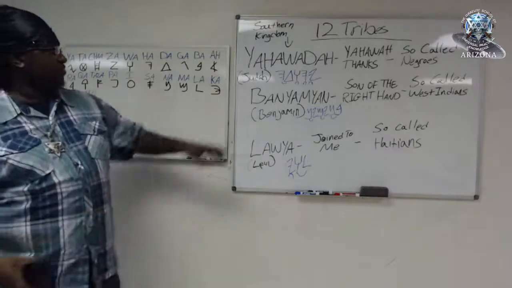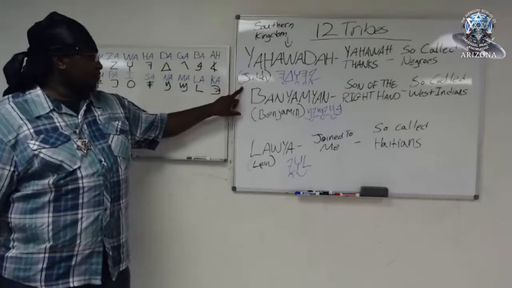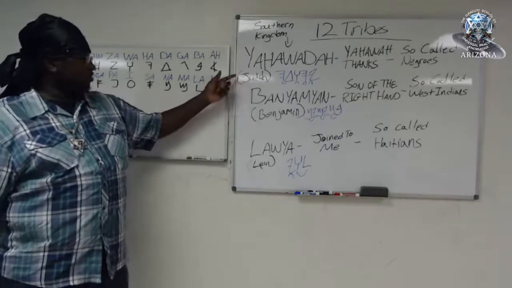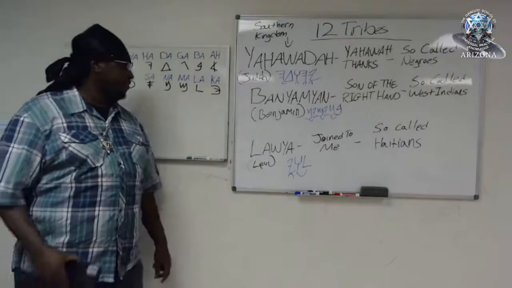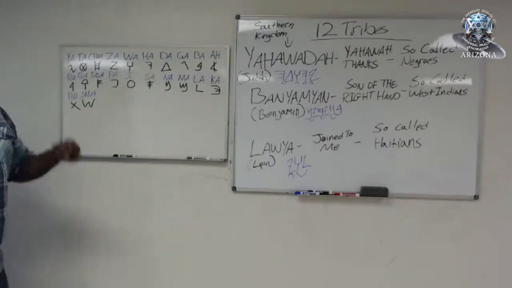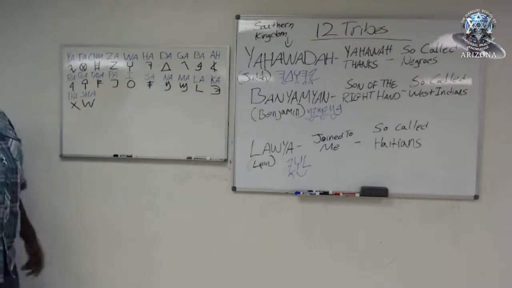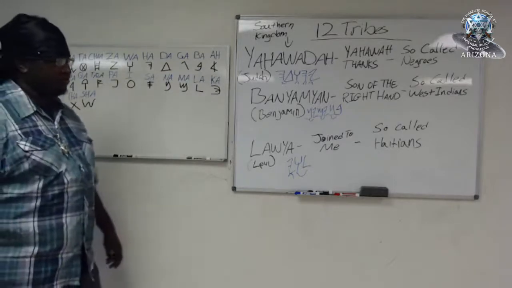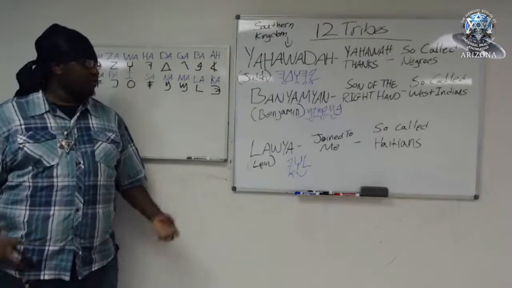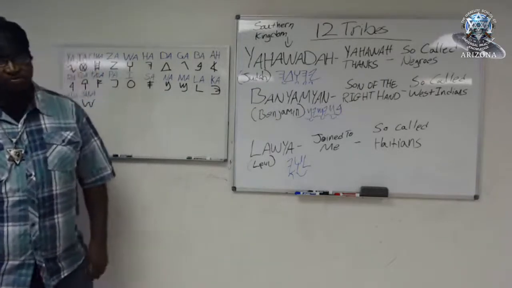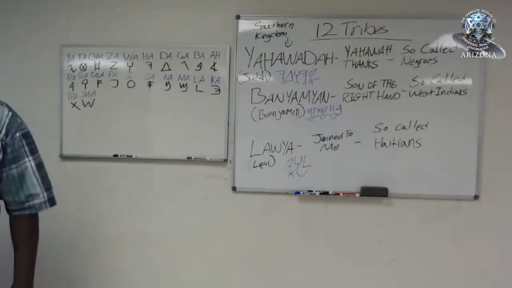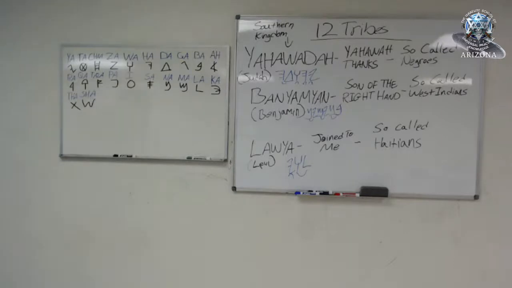The Southern Kingdom became the kingdom of Judah, which consists of Judah, Benjamin, and Levi, the main majority of the Southern Kingdom. You might have some remnants of the Northern Kingdom there, but these are the ones you will call the Southern Kingdom. That's just a little information. You need to write that down. We'll move forward.